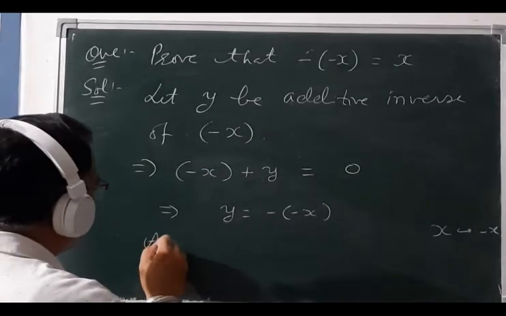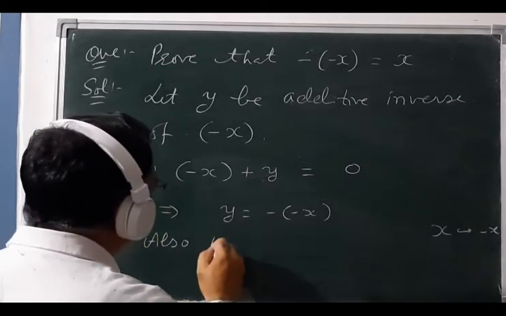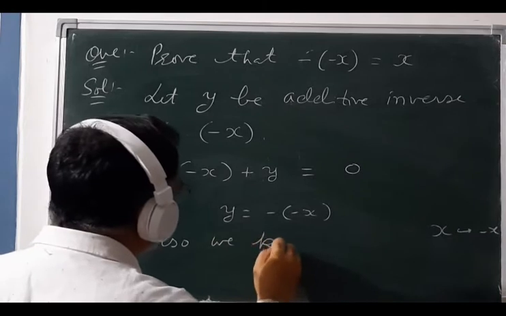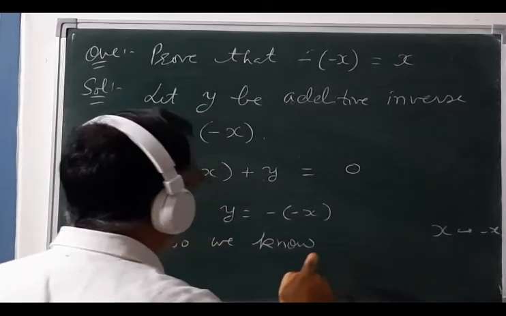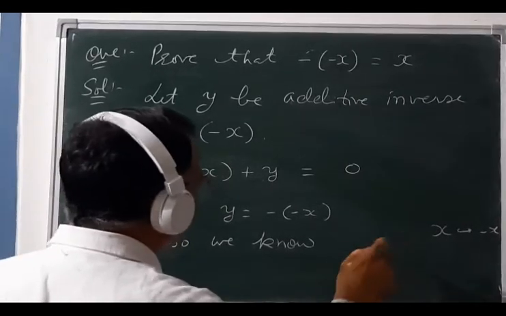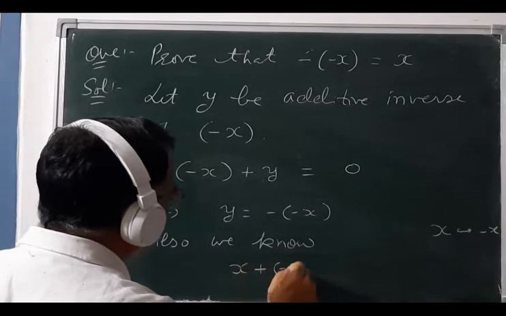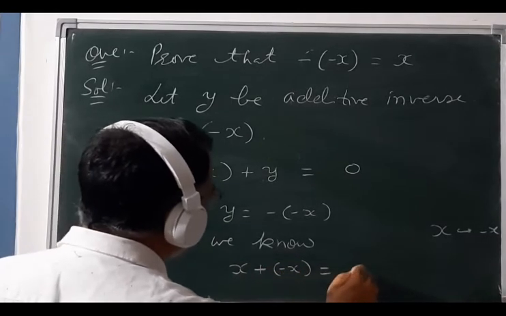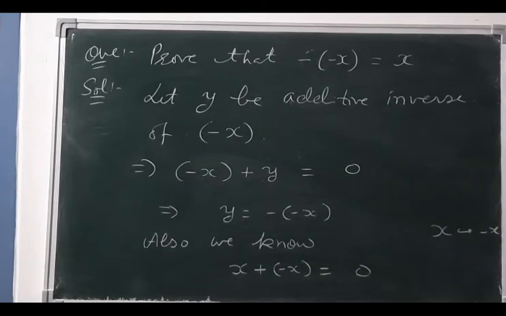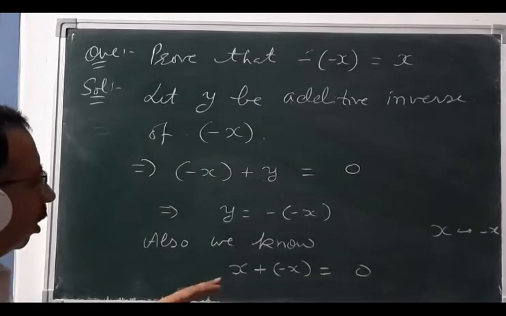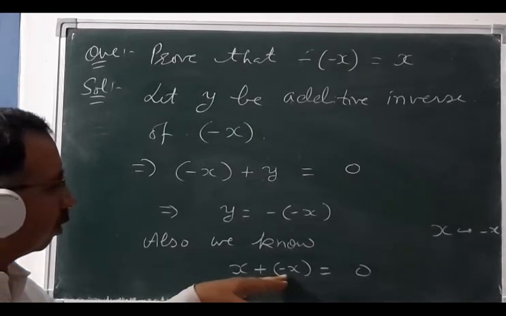So minus of minus x is the additive inverse of this thing. Also, we know the additive inverse of x is minus x, that is x plus minus x is equal to 0. So it means x is the additive inverse of minus x.